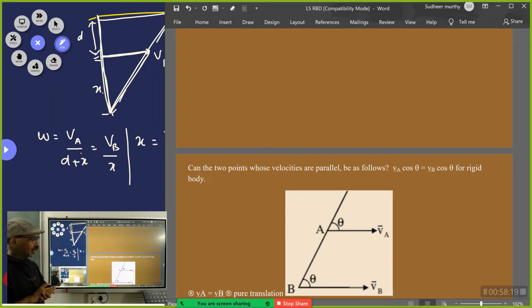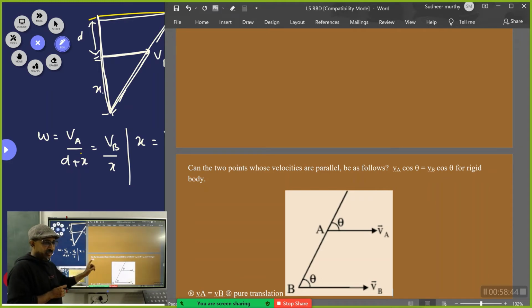What is VA cos theta? It is the component of velocity of A along the line AB, correct? And what is VB cos theta? The component of B along the line, correct? Now, VA cos theta minus VB cos theta is equal to 0 according to this equation.